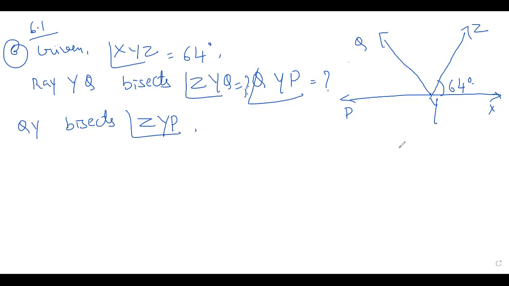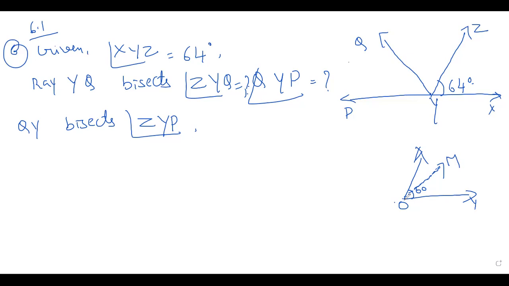For example, here you have an angle, it is 60 degree. I will draw a ray here, OM is the ray, it is bisecting the angle.